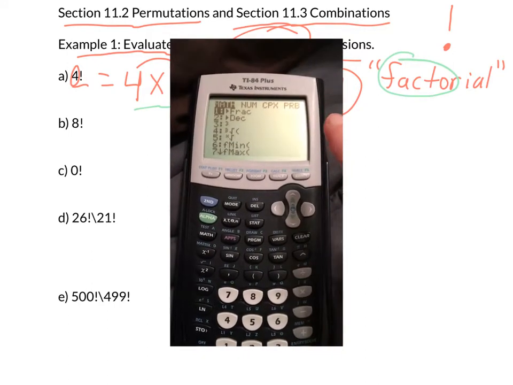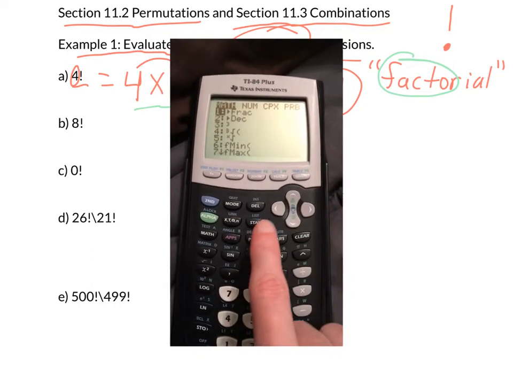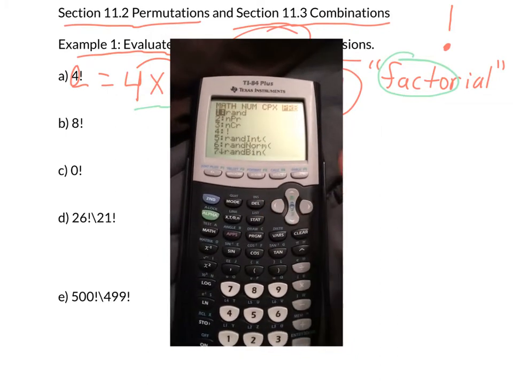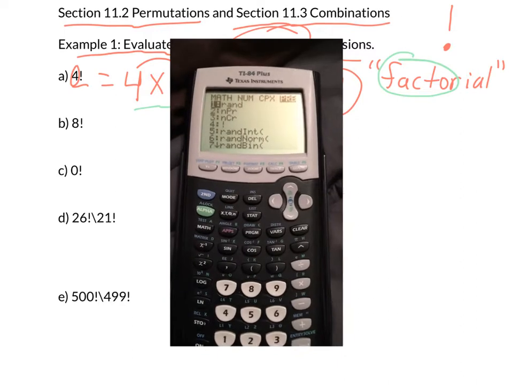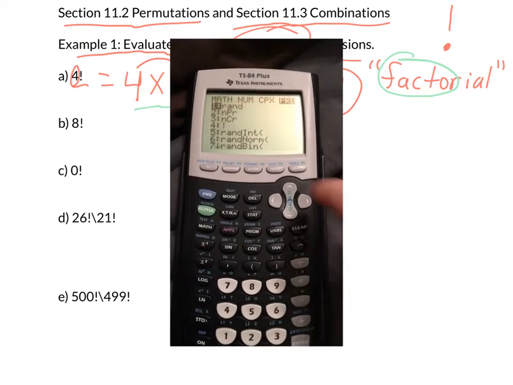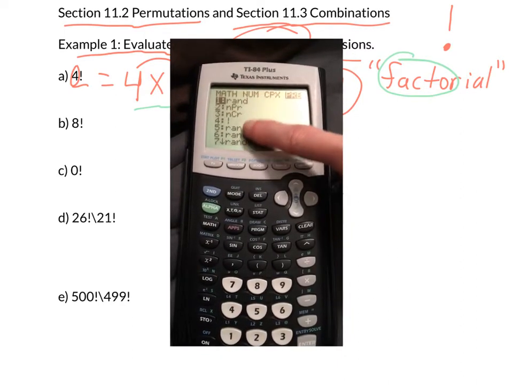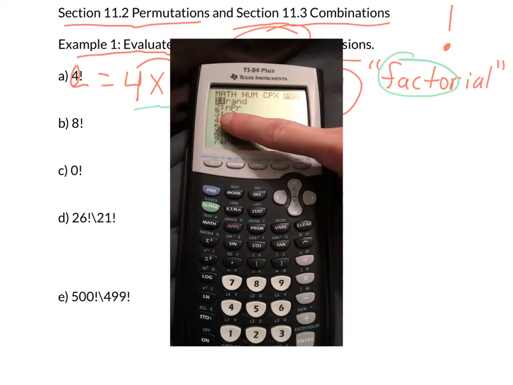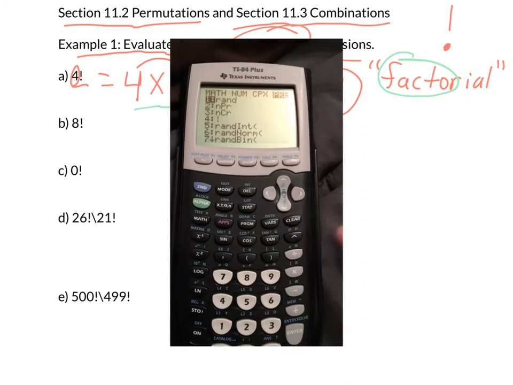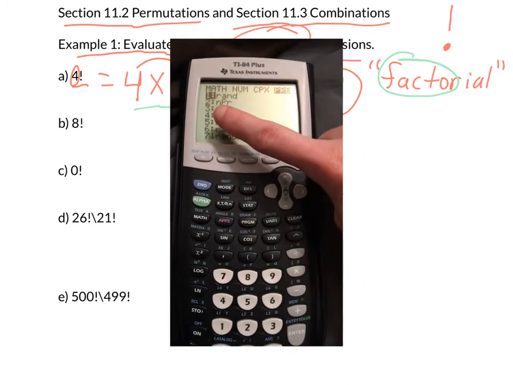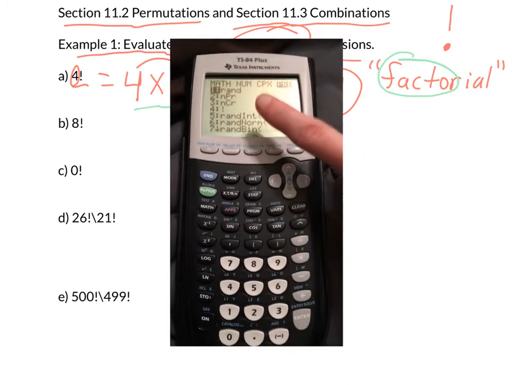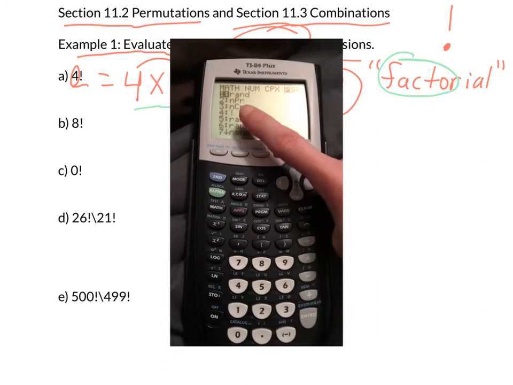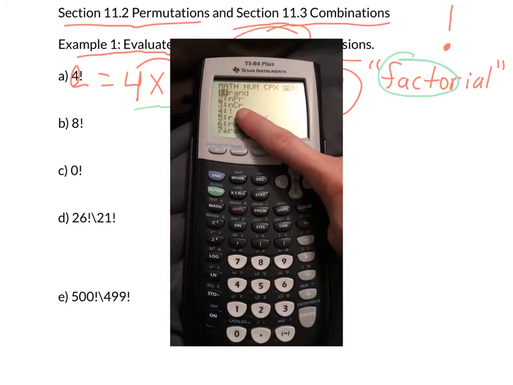It's actually quicker to get there by using the left arrow key, because if I hit the left arrow key, it's only one button click. And then as I look at the options, I see the exclamation point, the factorial, is option 4. You can either hit the down arrow until it's highlighted and hit enter, or I think it's easier just to simply select the number that's beside it.